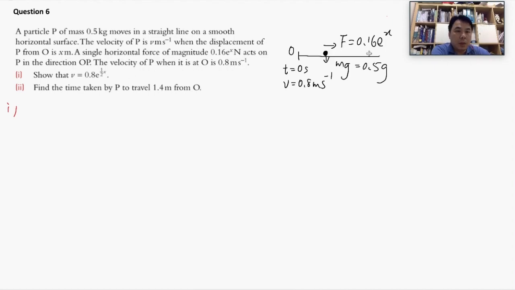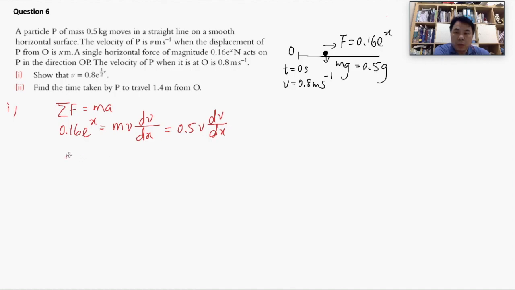We are going to apply Newton's second law here. Using Newton's second law, resultant force is directly proportional to its acceleration as usual. Resultant force that we have here is only 0.16 e^x, and that would give me mv dv/dx, which is the same as 0.5 v dv/dx.